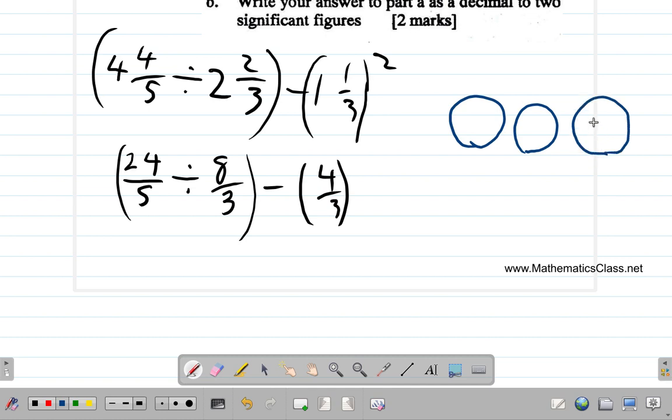So if we have this object divided into 3 equal parts and we remove 1/3 of that object, then we have 2/3. So how many thirds do we have in total? Let's divide this into 3 equal parts, this into 3 equal parts. Alright? How many thirds do we have?